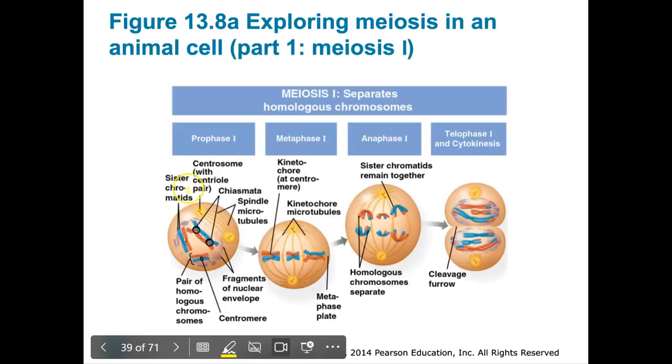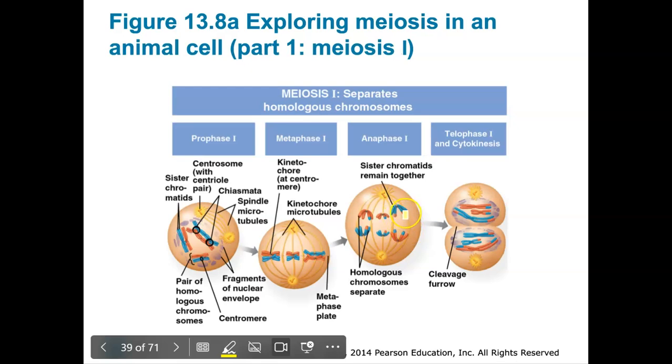So you can see that here. You can see that homologous pairs have found each other. They've matched up, and they're so close together that the two sister chromatids, one from the mom and one from the dad, that are right beside each other, can actually cross over and exchange pieces of DNA. I don't see it in the picture of metaphase, but if you look at anaphase, do you see how the little ends of the red chromosome are blue?